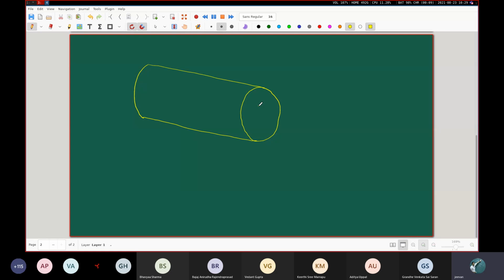Please do not think that I'm trying to make a hole in it or anything like that. What I'm trying to draw now is just a circle. I'm just marking out a circle, but concentric with the outer one. Now I will consider the cylindrical portion associated with this.